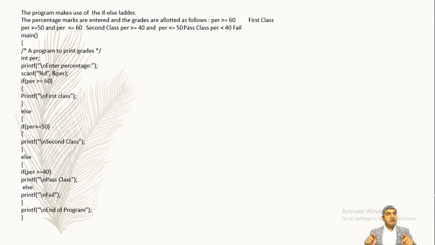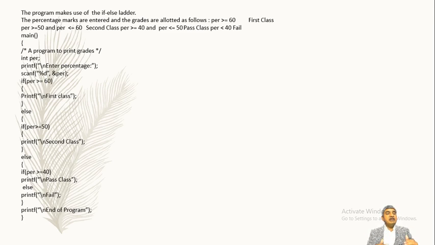Printf in brackets, new line, second class in double inverted commas, terminated with a semicolon. Now if this condition is true, then the result second class is displayed on the screen.